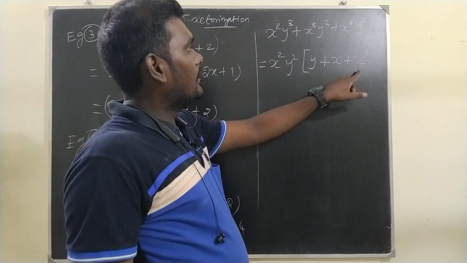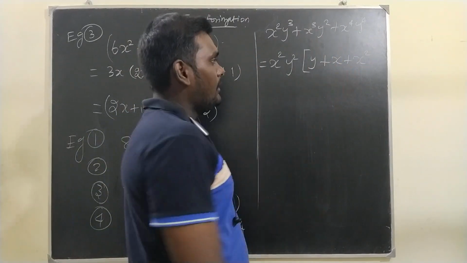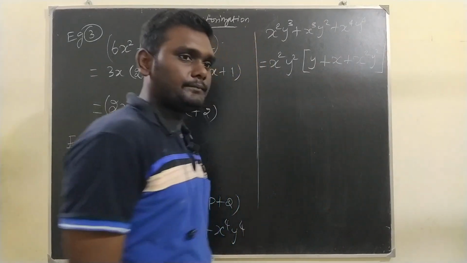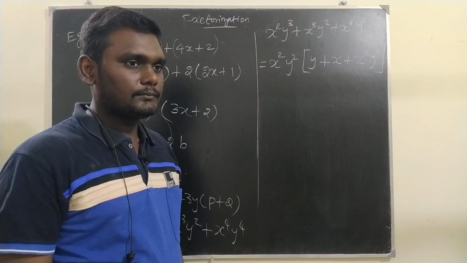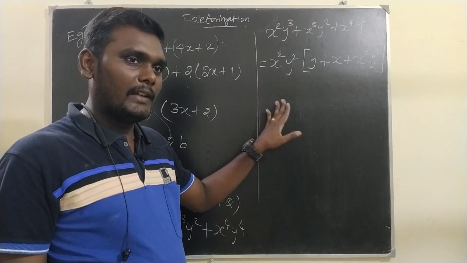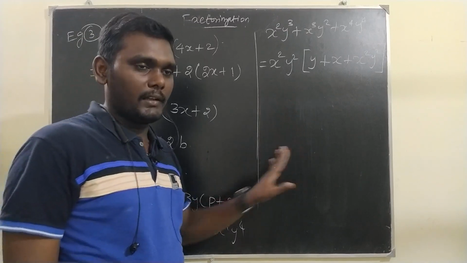Then y, we take y power 2 out, then y square remains inside. Okay. Any doubts in this? This process is called factorization, and this is the very first method, taking out a common factor.